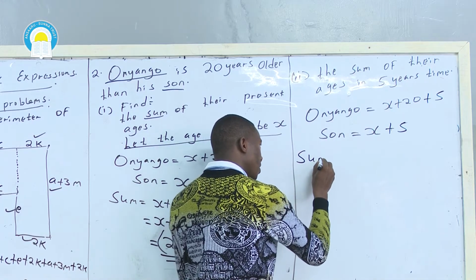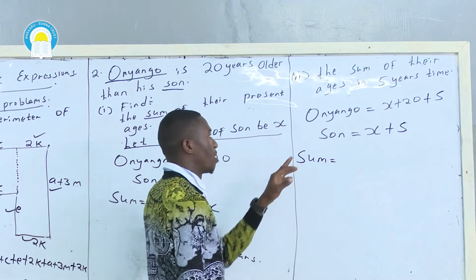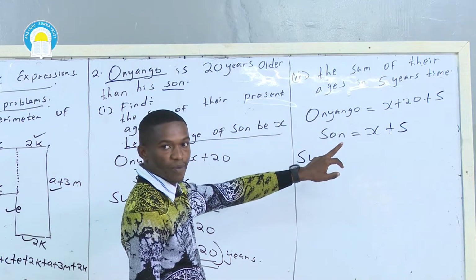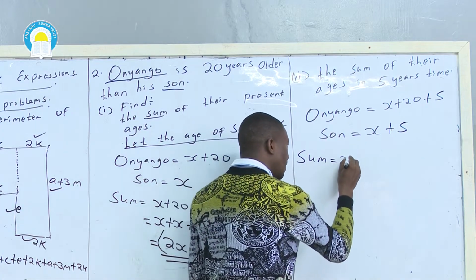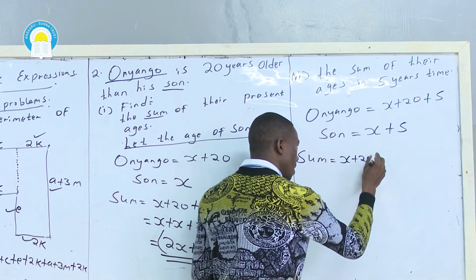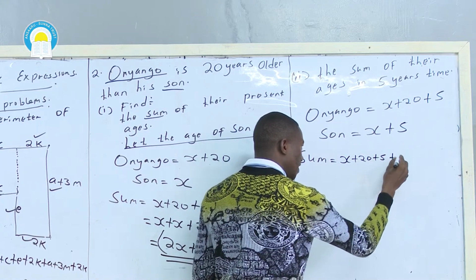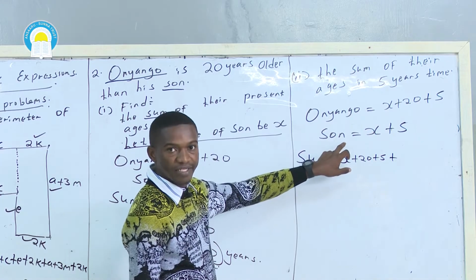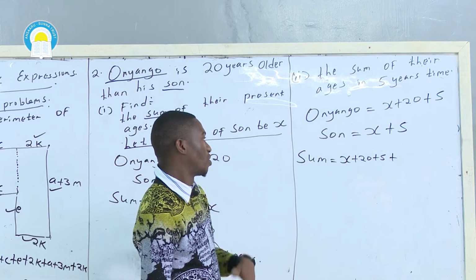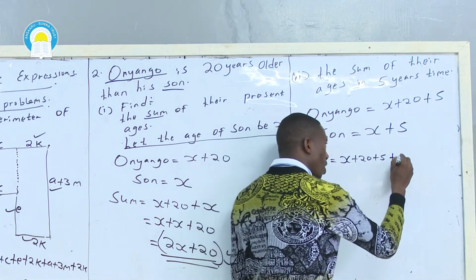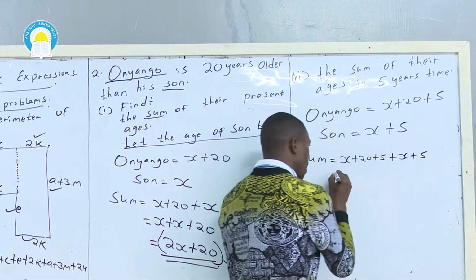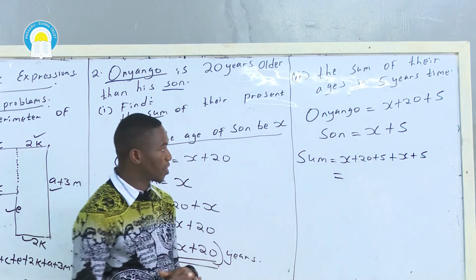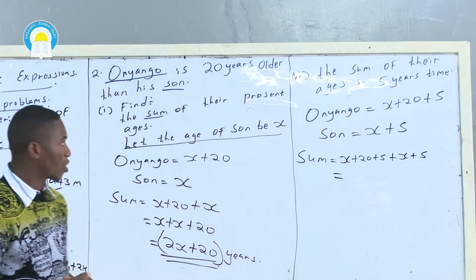I will write sum is equals to, Mr. Onyango's age in 5 years time, which is x plus 20 plus 5, plus the age of the son in 5 years time, x plus 5. Then you must make sure that you arrange your work in a good way.